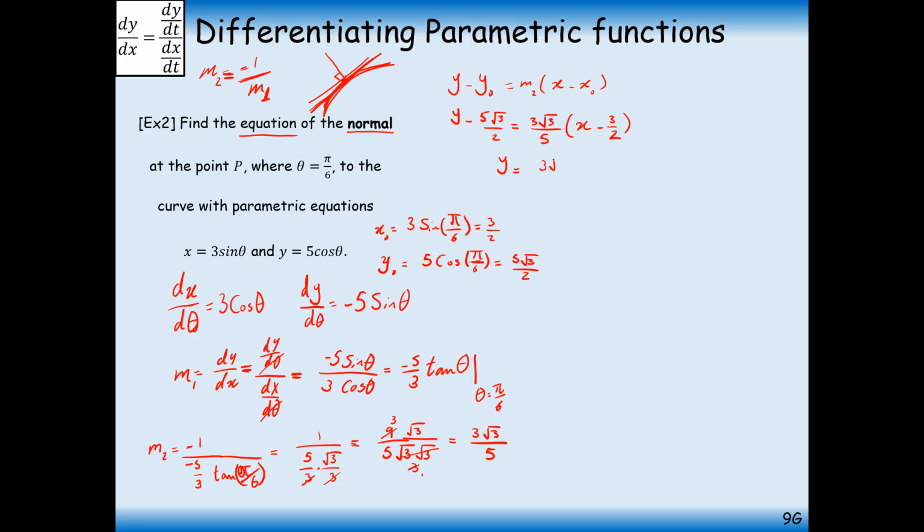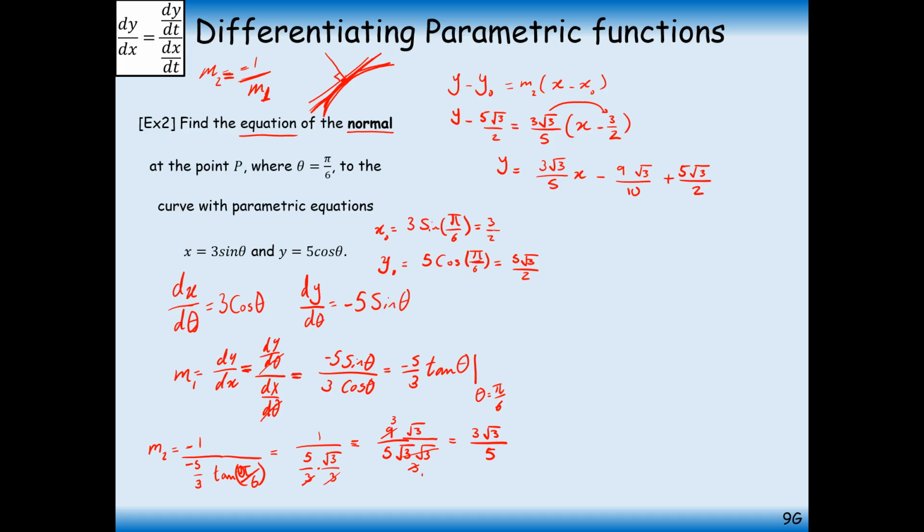We'll have 3 root 3 over 5 times x minus, when we multiply these two terms together, you'll get 9 root 3 over 10. And what we have is negative 5 root 3 over 2 on the left hand side. You're going to add it here, 5 root 3 over 2.